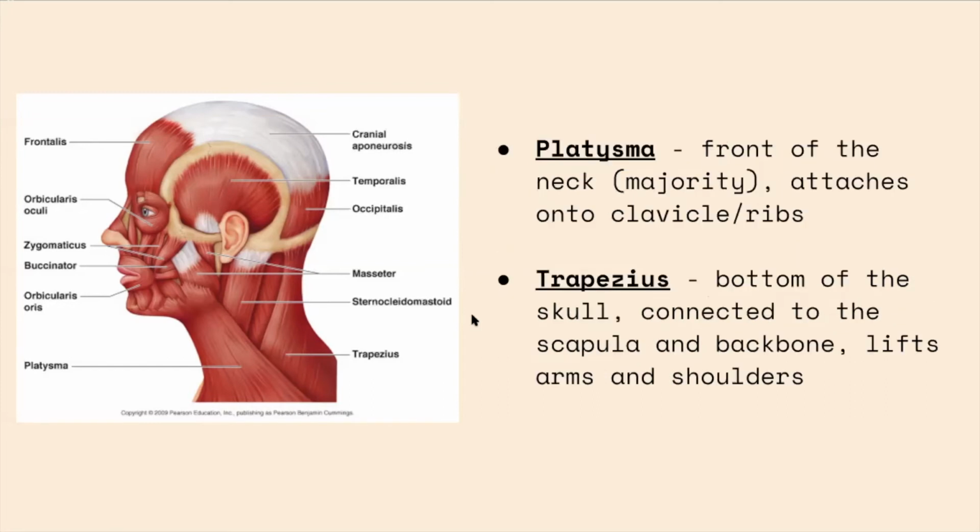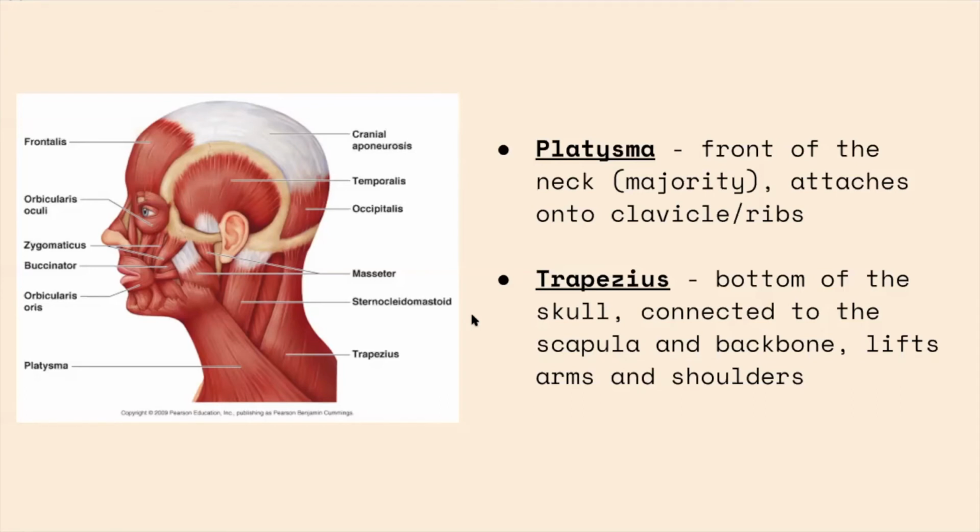Okay. So next we have the platysma and the trapezius. They're not on your face, they're kind of on your neck. So the platysma is covering the front of your neck, and it attaches onto your clavicle and your ribs. So when you're turning your head, nodding it up and down, that's what the platysma is for. Now the trapezius, we talked about it earlier, is near the occipitalis.